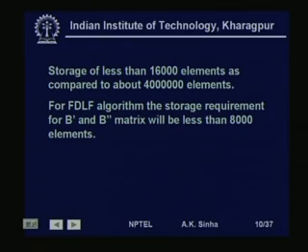Therefore, the elements there are also going to be less compared to B dash elements, and the total number of elements in B dash and B double dash will be less than 8000 elements only.